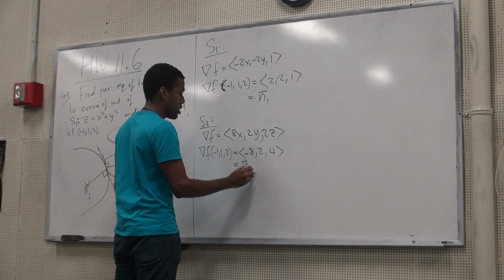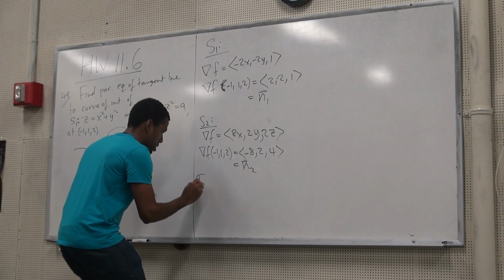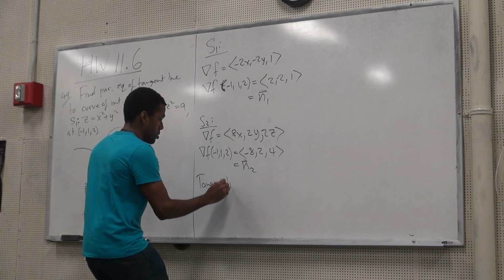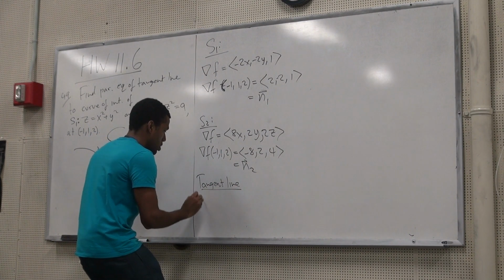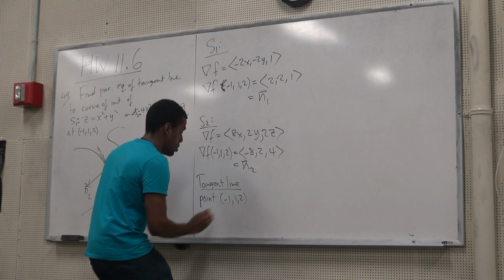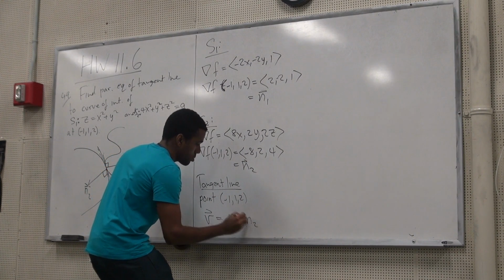That's the normal for the second one. So now for the tangent line, we already know the point is negative 1, 1, 2. The direction is just going to be n1 cross n2.